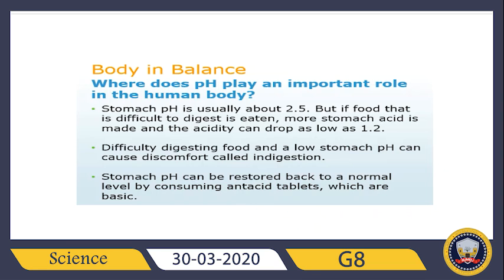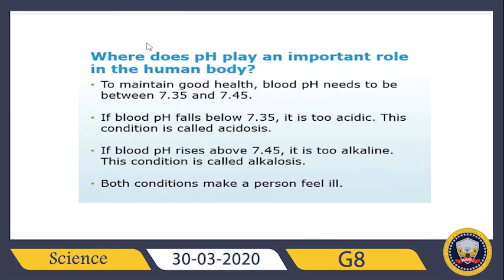So another place, guys, where pH will play an important role in our body is our blood. To maintain good health, blood pH needs to be between 7.35 and 7.45, so it's kind of a neutral solution.